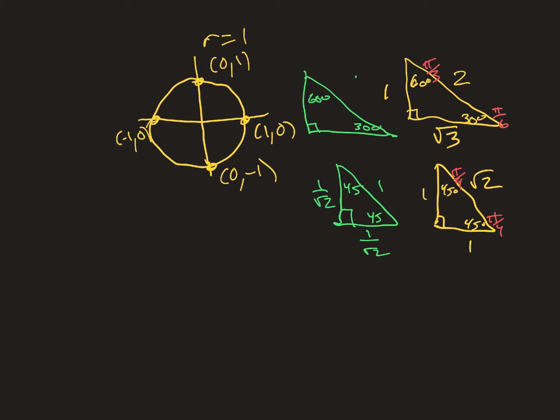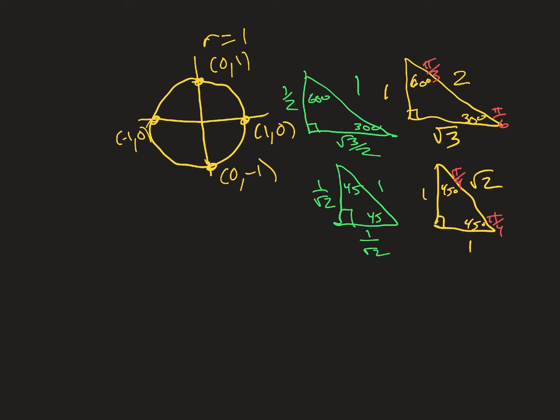If the hypotenuse is 1, we talk about opposite 30 being 1/2 and opposite 60 being root 3 over 2. Either way, I tend to just stick with the ones in yellow, that's how I learned it, but whatever is comfortable and easier for you.